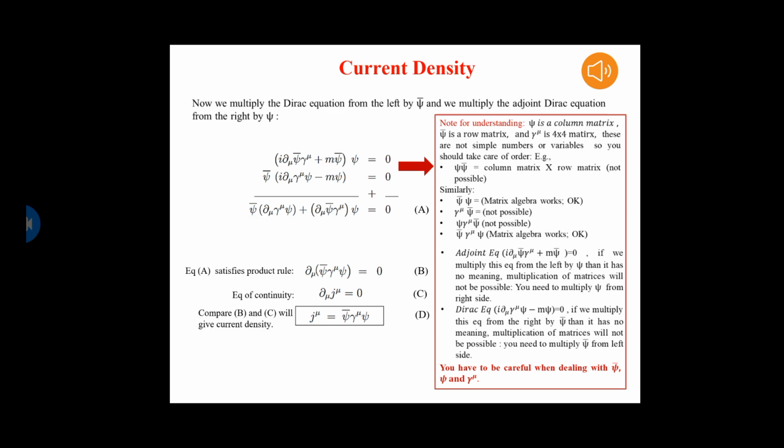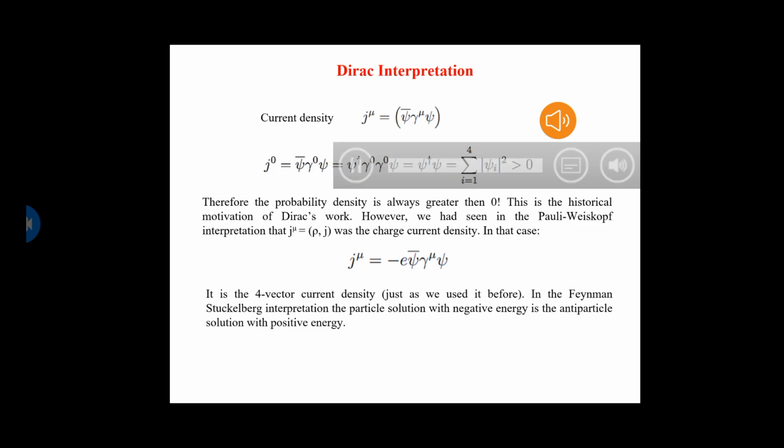Density. Now we multiply the Dirac equation from the left by psi and we multiply the adjoint Dirac equation from the right by psi. That here is the Dirac interpretation.